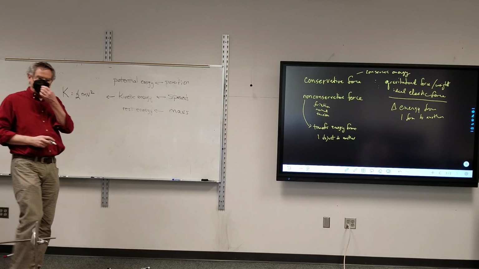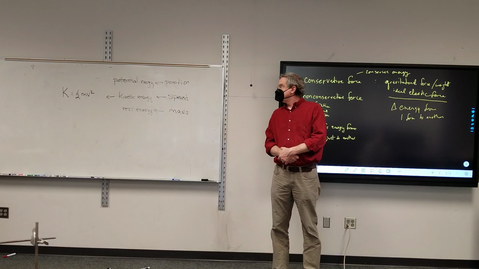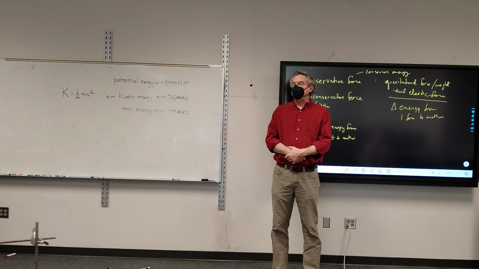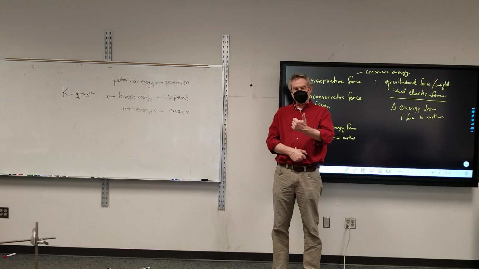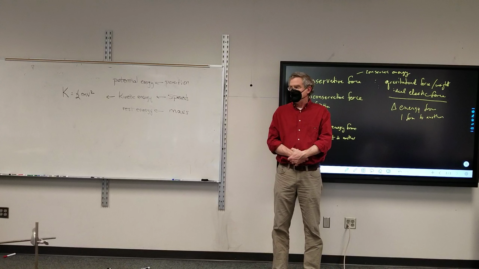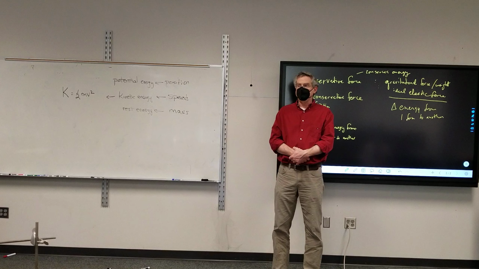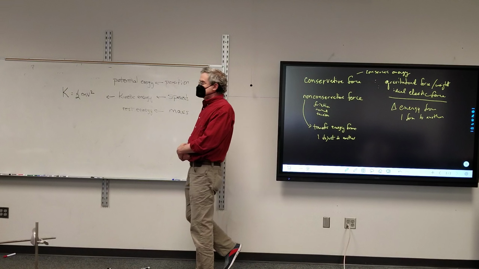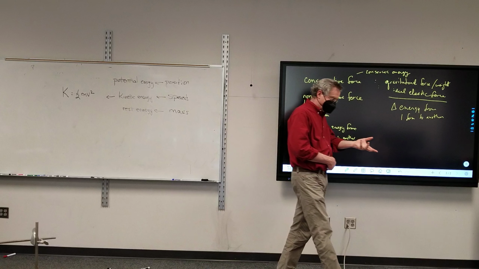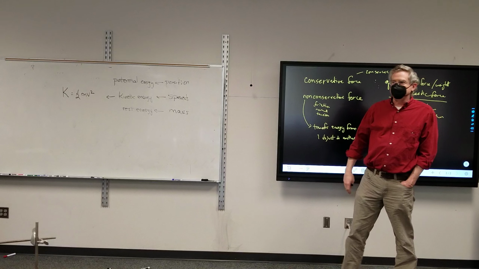And this is one of the big advantages of energy, that we don't have to worry about vectors. The downside of energy is we lose information about direction. So the plus is that they're scalars, the minus is that they're scalars. Momentum has the other problem. Momentum's advantage is that they're vectors, and the disadvantage is that they're vectors. So with momentum, we maintain the idea of the direction, we don't lose that, but the math's more complicated.